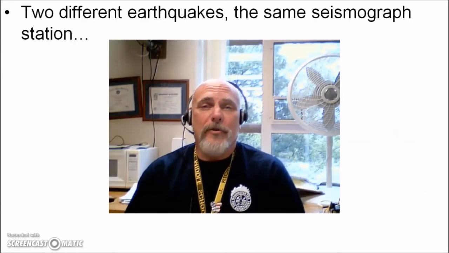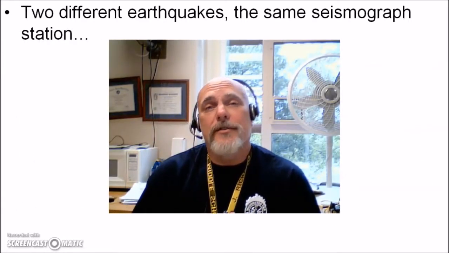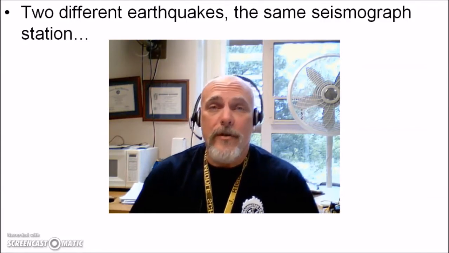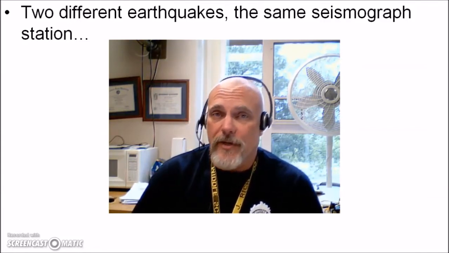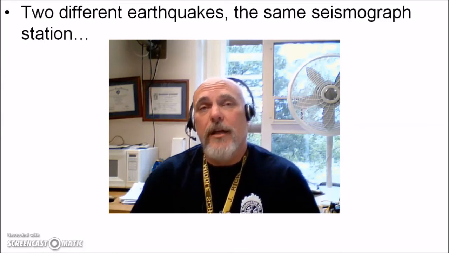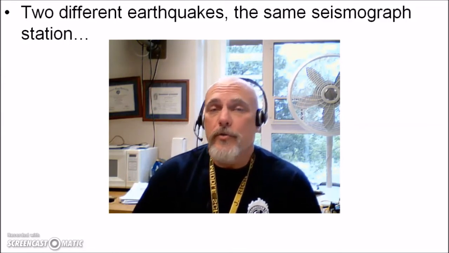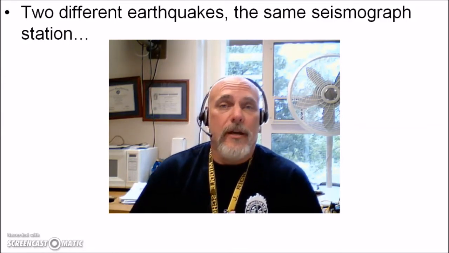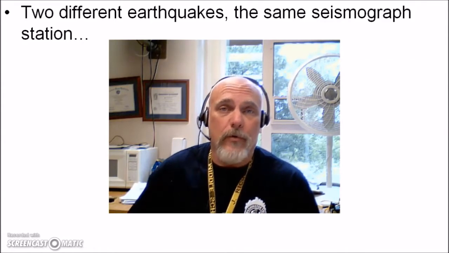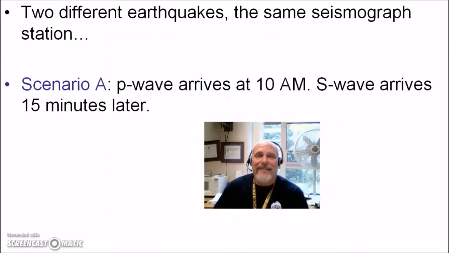Okay, this might help you to understand this situation. Let's imagine that you're working at a seismograph station, and you record two completely separate earthquakes. Now, how can you figure out which one is further away from you? The first earthquake, scenario A, the P wave arrived at 10 a.m. Then the S wave arrived 15 minutes later.